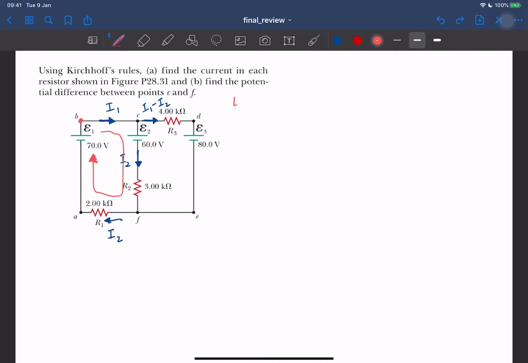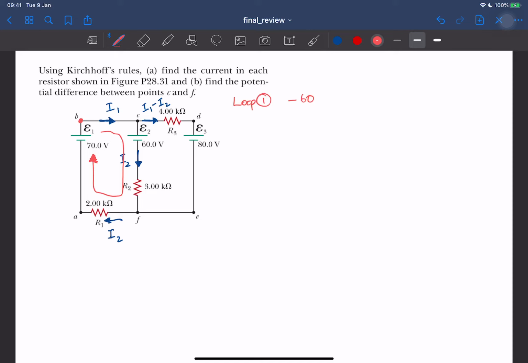So for loop number one, which is the pink one, you go around this, there's no resistor, so nothing to write down, and then you turn right here, you're going against the battery. Usually you go along with the battery, so you just add the voltage of the battery, but in this case you're going against the battery, so it's going to be minus 60 volt for this battery.